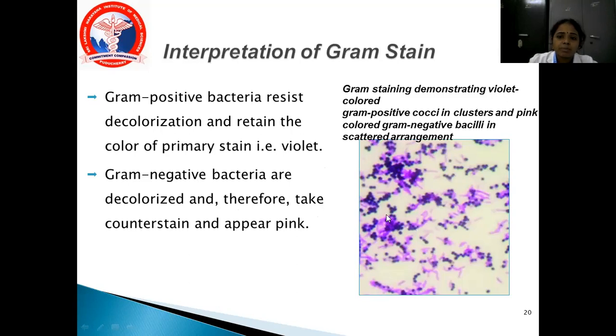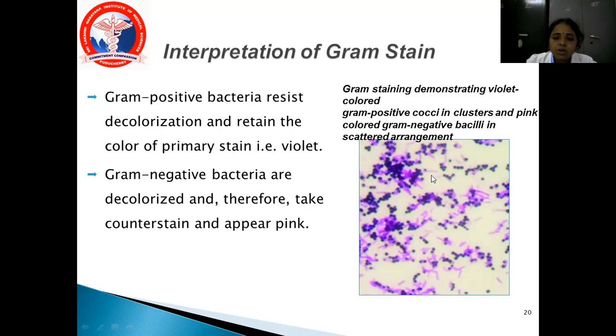Here the picture shows gram positive cocci in clusters. The gram staining demonstrates gram positive cocci in clusters and gram negative bacilli in scattered arrangement. This is a mixed slide showing positive in violet color and negative in pink color.